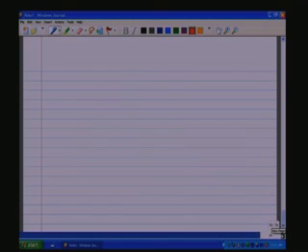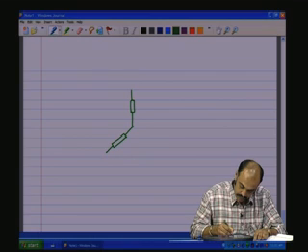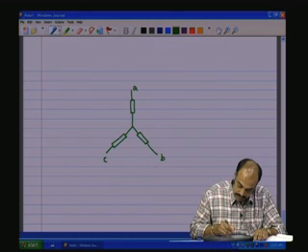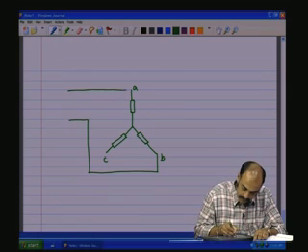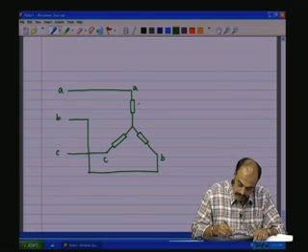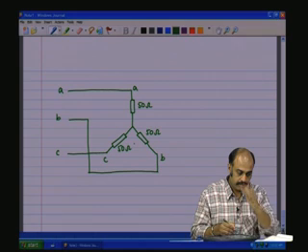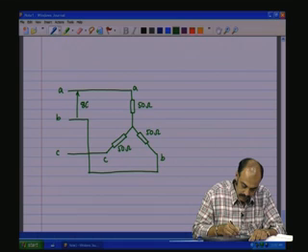So, we have a star circuit of this form, and let us say this is A, B, C. We make the connection like that, and have the A, B, C. This is 50 ohms, 50 ohms, 50 ohms, and we have the line voltages 865 volts.